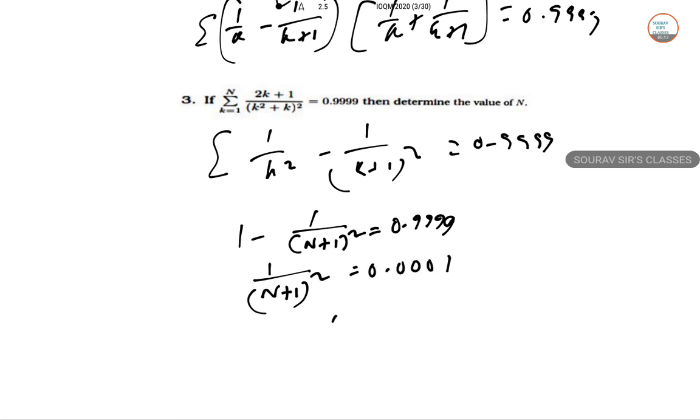Just put the value. So n plus 1 is 100, so n is 99. So the value of n is 99.